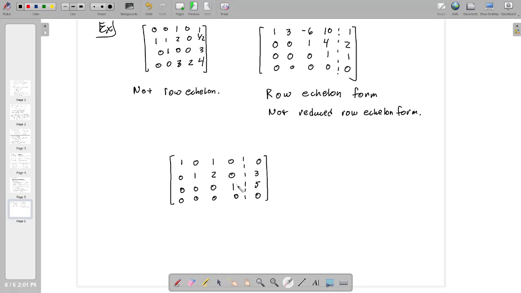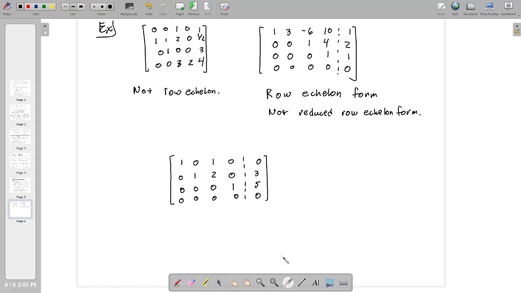Okay, so notice here, this is in row echelon form. Each leading entry is a 1. Each leading entry is to the right of the leading entry directly above it. And all rows of all zeros are at the bottom. So this is in row echelon form.